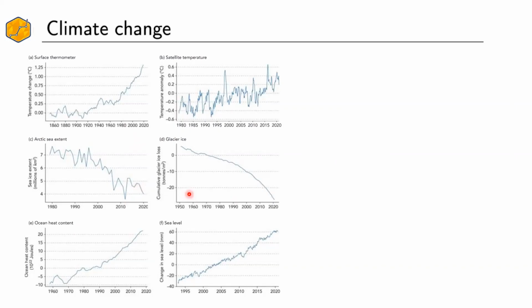I took this from our SCR GARP syllabus. If you see the temperature change, between 1860 and 1900 we have taken the reference as 0. Let's call the average temperature between 1860 and 1900 as 0. From that point onwards, this is how the average temperature of the world has increased.